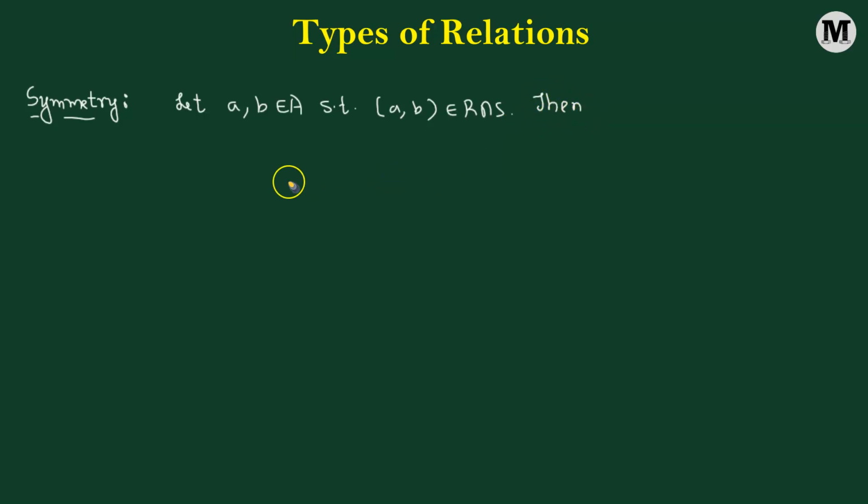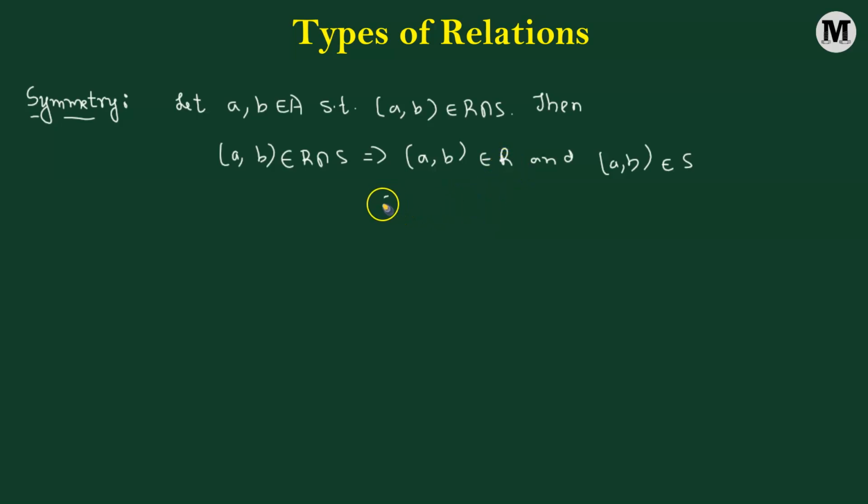(A, B) belonging to R intersection S simply means that (A, B) belongs to R and the ordered pair (A, B) also belongs to the relation S. That's the definition of an intersection. An element must belong to both R as well as S.